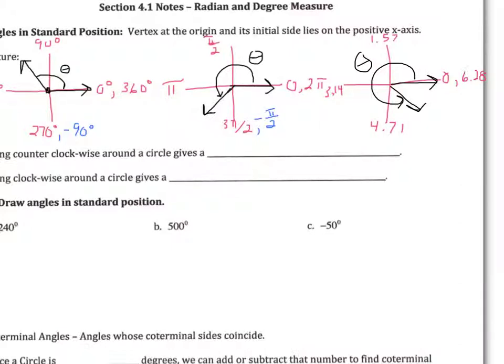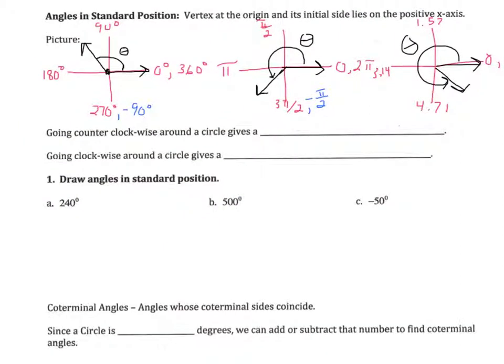We have degree measurements, radians, and then decimal radians. So as I said before, going counterclockwise around a circle gives us positive angle measurements, and going clockwise gives us negative measurements.